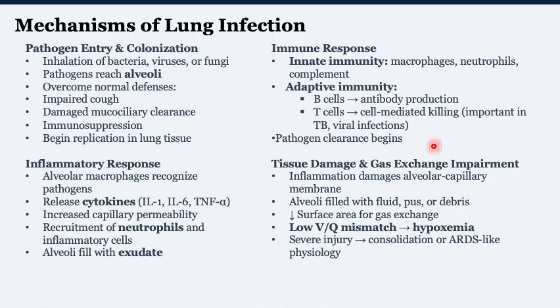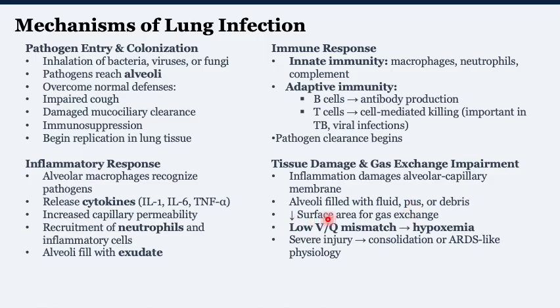However, if there's not a balance and our system is unable to clear it, that's when you'll start having the signs and symptoms of tissue damage and some gas exchange impairment, because you'll have inflammation of damaged alveolar and capillary membranes. The alveoli are probably filled with fluid, pus, or debris.